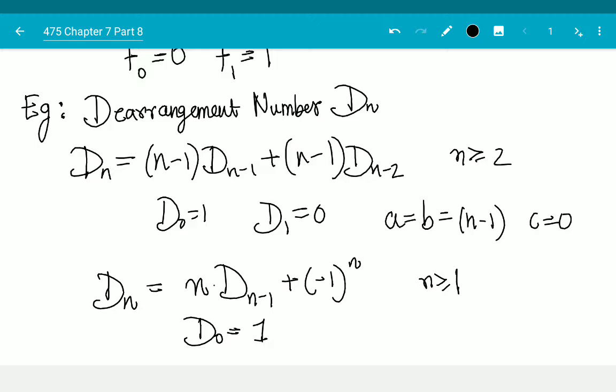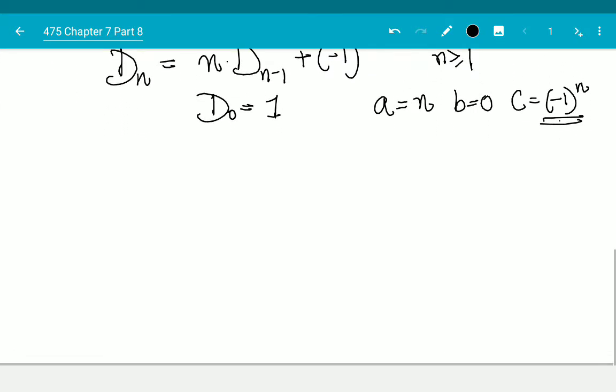And here a is equal to n, b is equal to 0, and c is equal to negative 1 to the n, right? So first of all, it depends on n, and second of all, it's not 0. So this is an example of a non-homogeneous recurrence relation, okay?